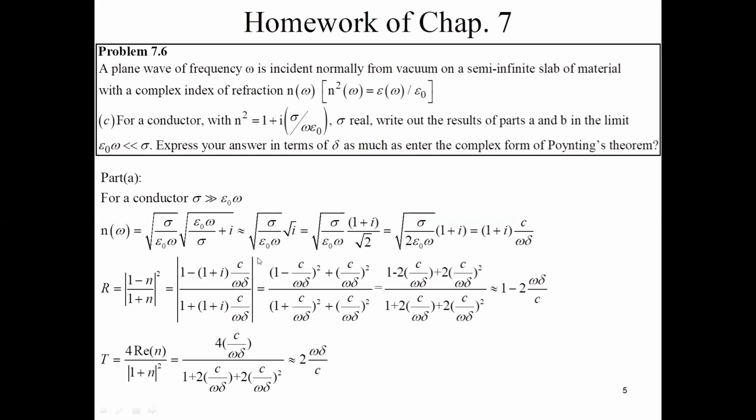Oh, sorry, I missed a square at this part, and we can easily calculate these two terms, like this. Then we use the limitation that sigma is very much bigger than epsilon 0 times omega. So we know that in this term, c over omega times delta will become very, very big.